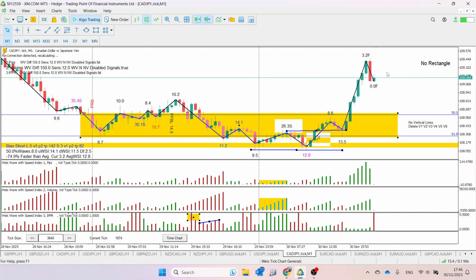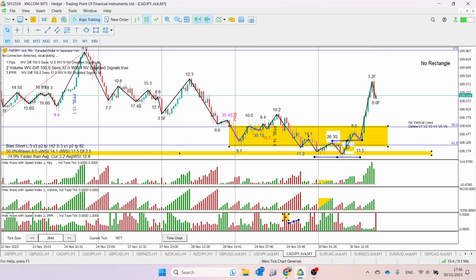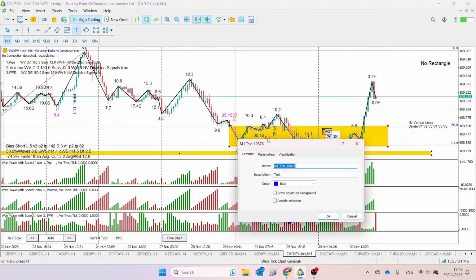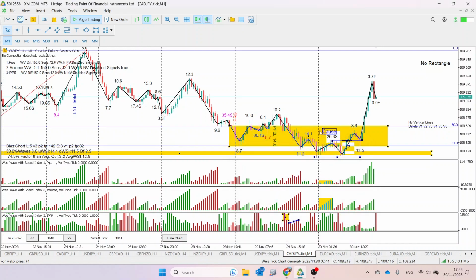And up we go. So, where is the cause and effect? Well, let me show you. That's the cause. That 26.6 is when they started buying.